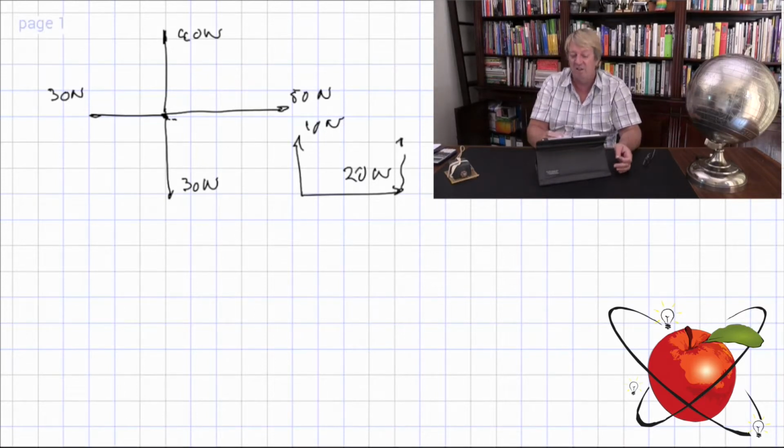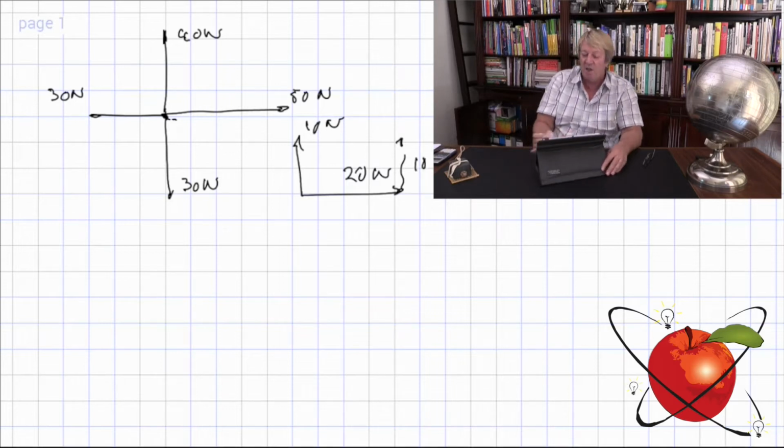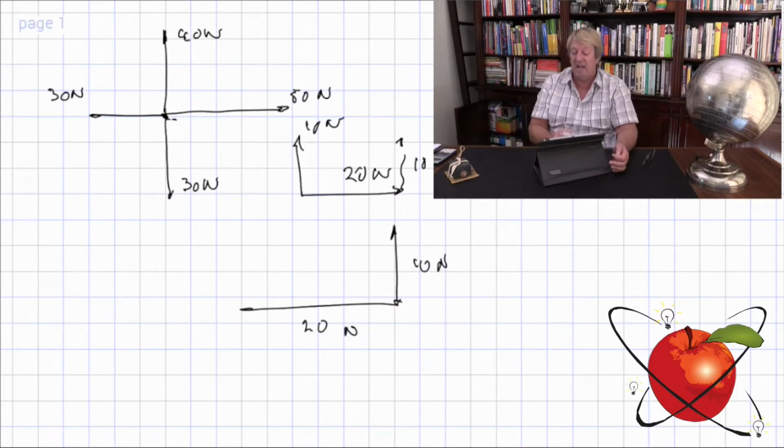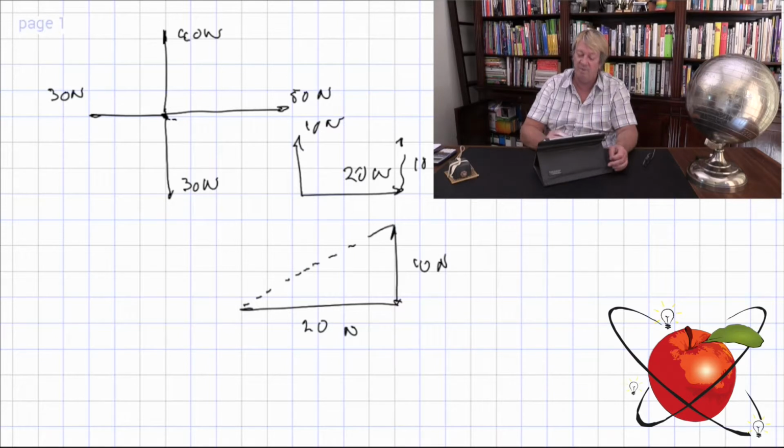We add them nose to tail because they're two vectors. 10 newtons that way. So what have we got? We've got a triangle that looks like this. 20, 10, they happen to be newtons. They could be many other things, but they happen to be newtons. So what does that give us at the end of the day? It gives us a hypotenuse over there like that.